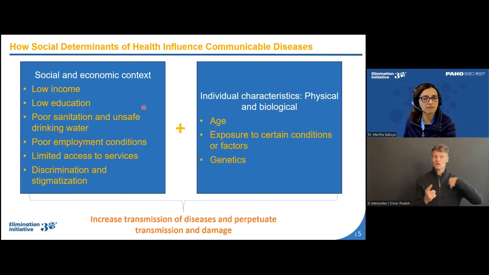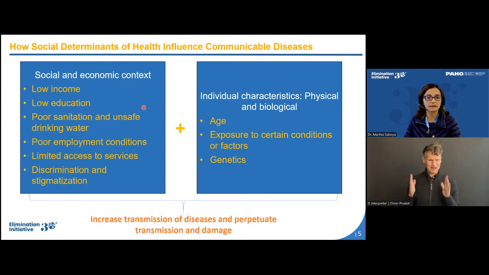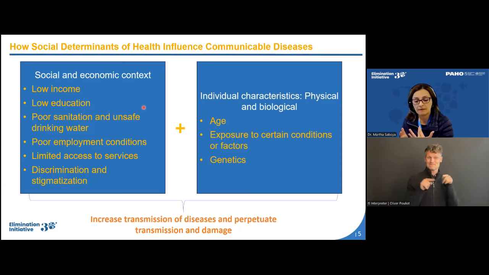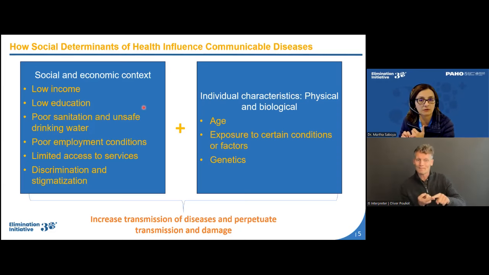And when we are talking about social and economic context, it's because this is key if we want, first, to accelerate the achievements, and second, to sustain the achievements and improve the quality of life of the population. So the elimination initiative is not only eliminating diseases, it's improving the life of millions of people across the region.